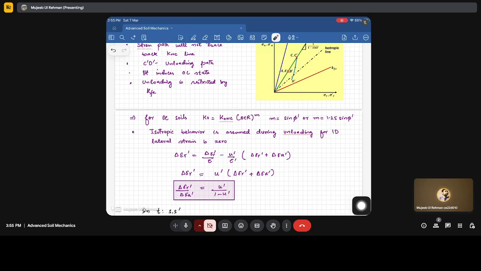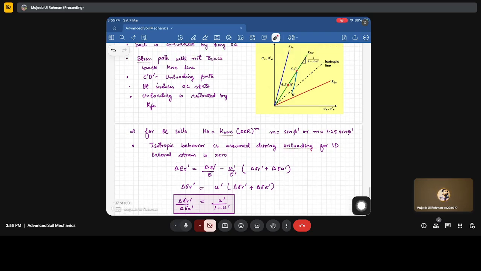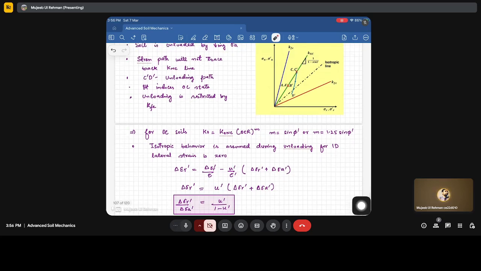Now isotropic behavior is assumed during unloading for 1D, and the lateral strain is 0 because the state is the OC state; in the OC state the soil will be stiff, and the deformation will be elastic deformation. Now in order to relate the slope of this unloading line, we are assuming the lateral strain is 0, and we have the equation, which I think we determined in module 2. The change in the radial strain is delta sigma r dash by E dash minus mu dash by E dash into delta sigma r dash plus delta sigma A dash.